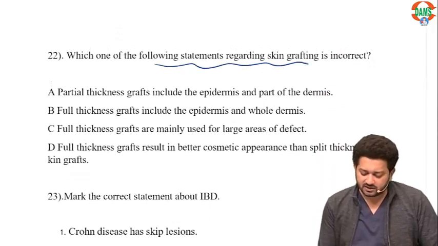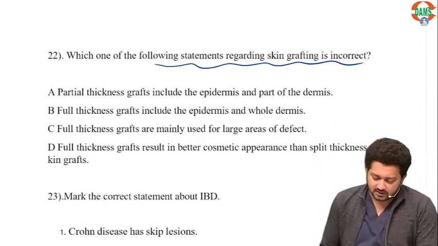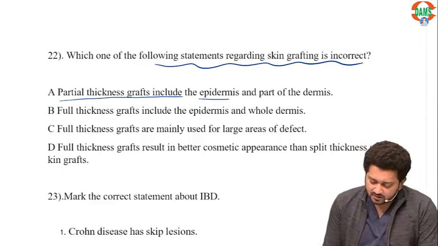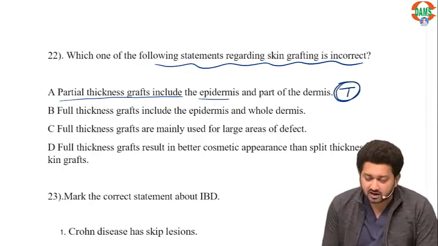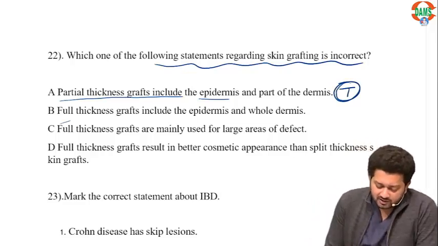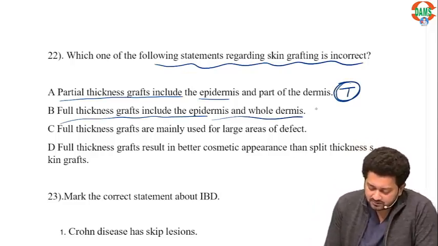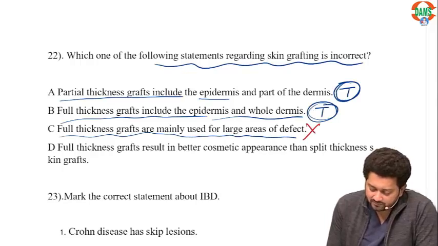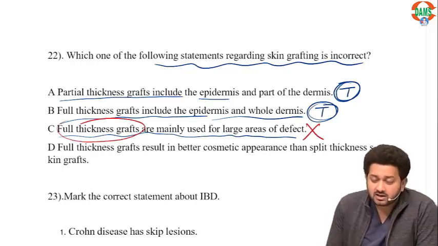Which of the following statements regarding skin grafting is incorrect? Partial thickness includes the epidermis and part of dermis. That is true. These grafts are also known as split skin graft or the Thiersch graft. Full thickness includes epidermis and the whole dermis. That is also true. Full thickness is mainly used for large defects. This is the wrong statement. Full thickness is used for small defects.